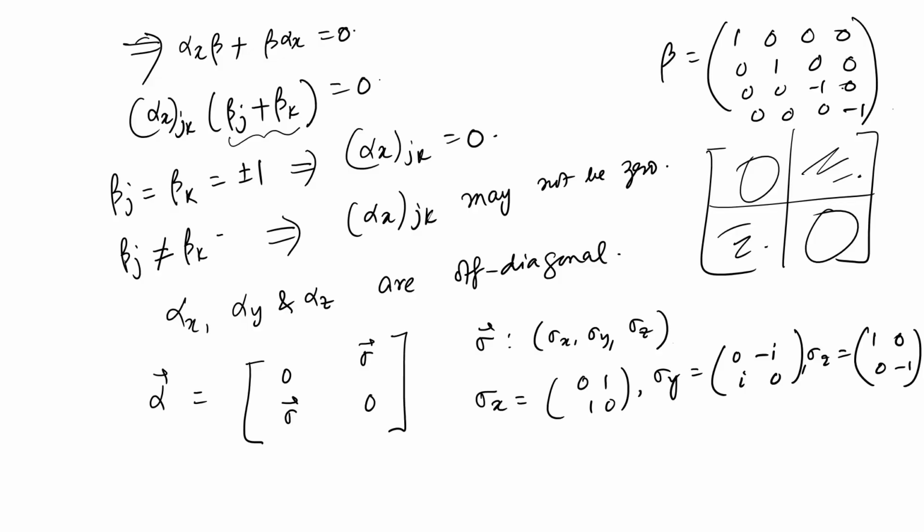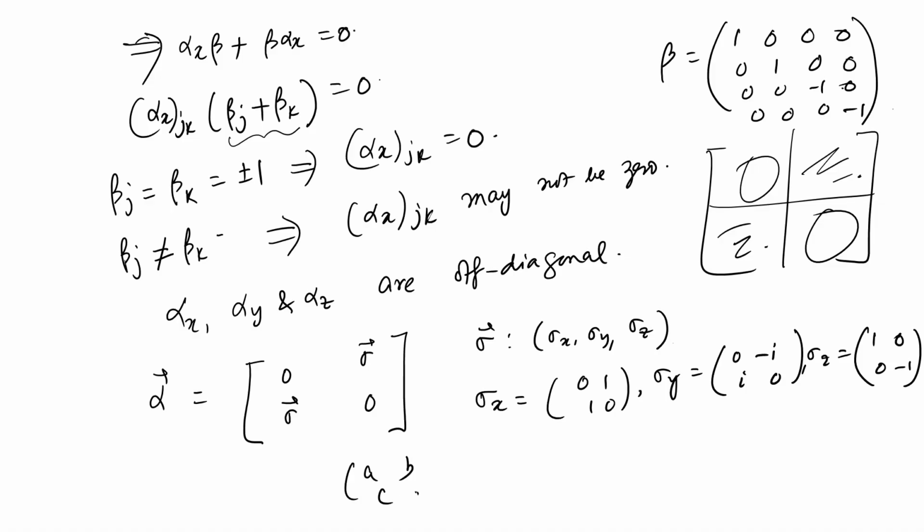And basically also it is not difficult to show that if they are 2 by 2 matrices, then you can't find a fourth matrix that anti-commutes with all three.